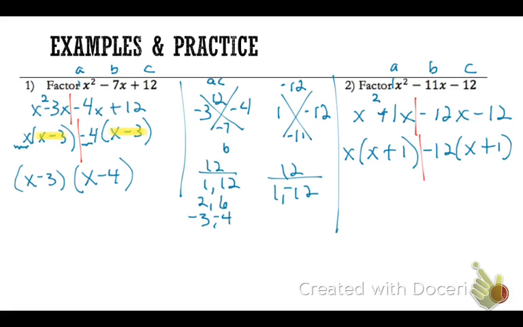So again, imagine our two parts. You're looking for a common expression now, which is x plus 1. So we can factor that out. And when we do, see we have left x minus 12. So we factored.